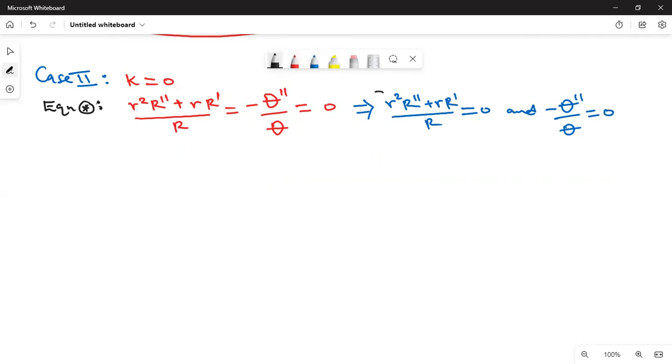So what we have here is a set of ODEs. We could call this equation 1, this other one equation 2. Let's solve equation 1.